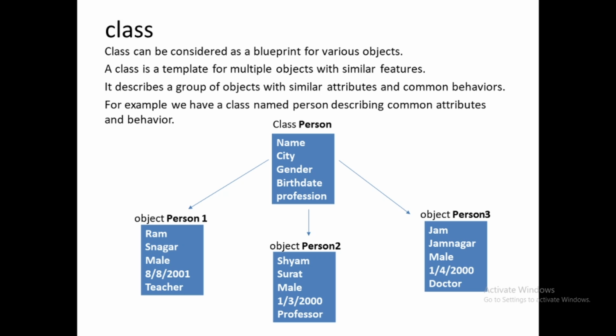Same way, a third object person 3 is there: Jamnagar, male, birth date is given, and then profession is doctor. So this way we can create a class. Inside a class we can create several methods and properties, and accordingly we can create individual objects.